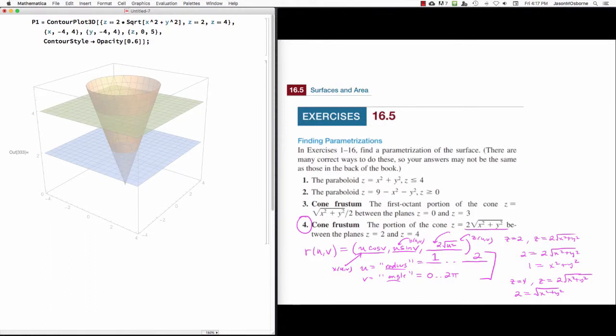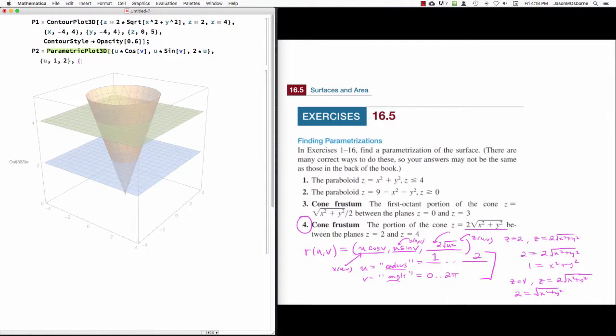And now the second plot is going to be a parametric plot 3D, where the first entry is u times the cosine of v, y is u times the sine of v, so basically doing polar coordinates. z is equal to 2 times u, and u goes from 1 to 2, and v goes from 0 to 2 pi.